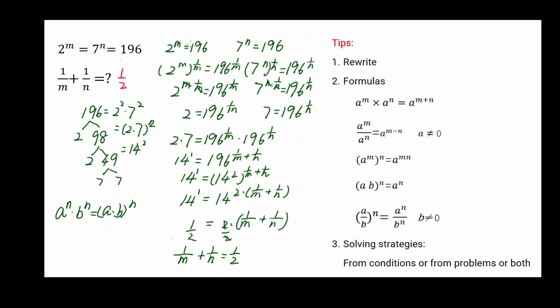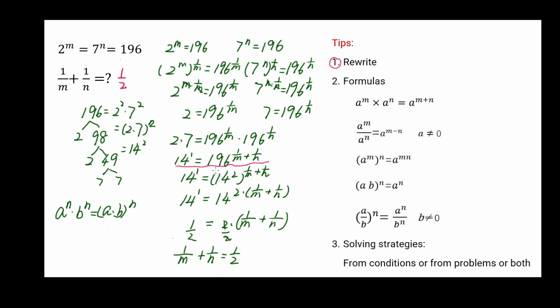Every time when we solve problems, we often get something useful from the process. For this one, I got some useful tips. The first one is rewrite. When I write down this equation, I don't know much about how 1 over m plus 1 over n relates to other parts of this equation.